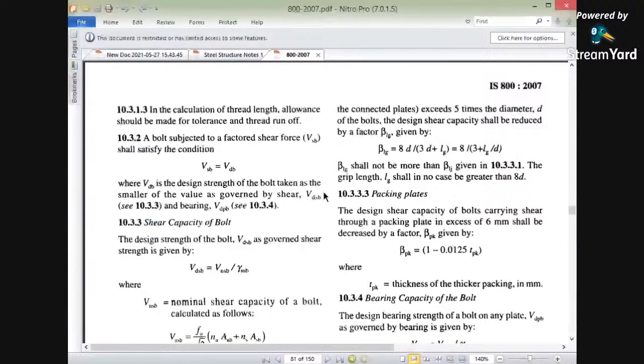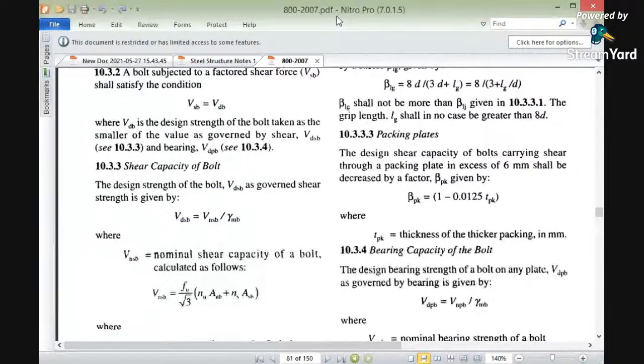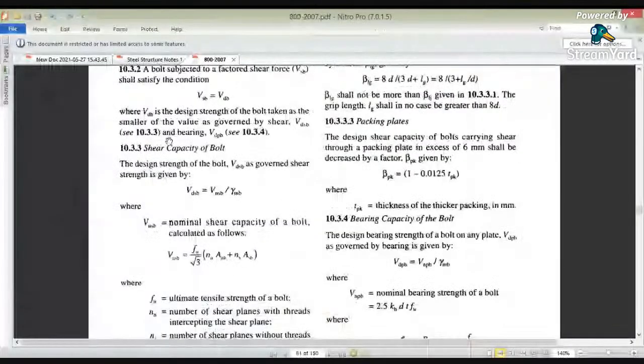Okay, so first we will find the shear strength of bolt, which is given in page number 75 of IS 800:2007. What is the shear capacity of bolt?